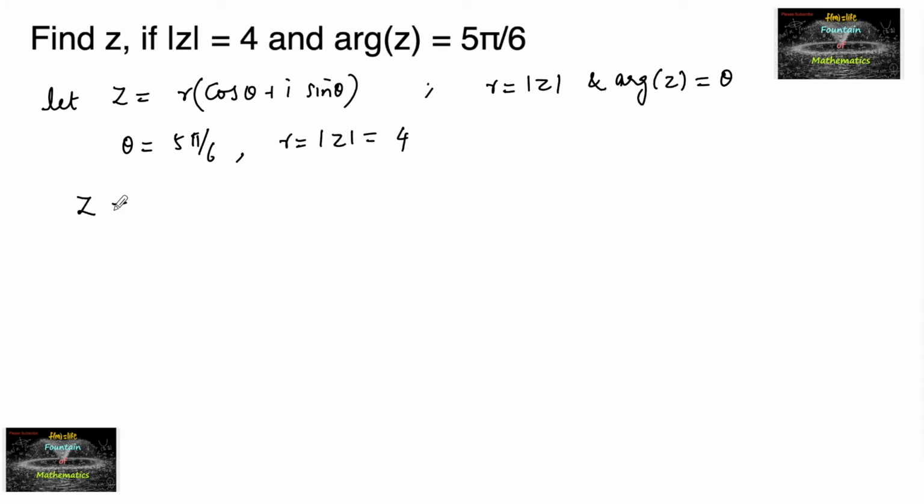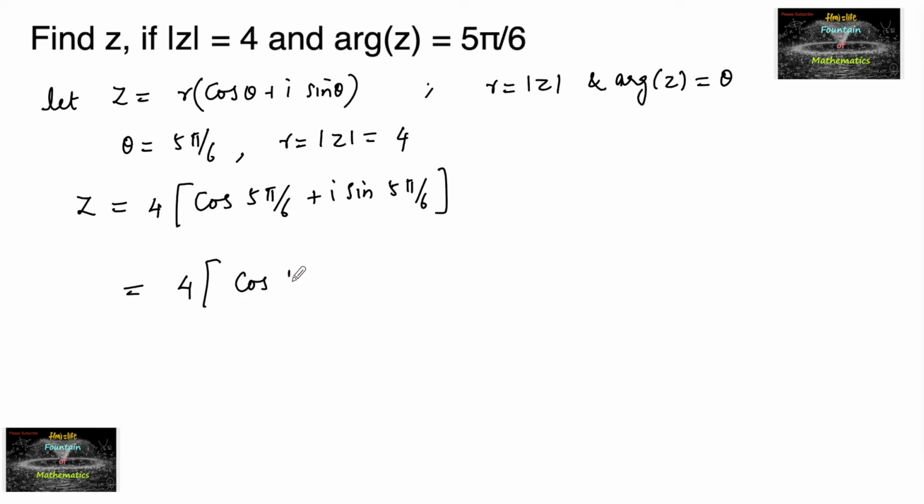So therefore our complex number we can write as z is equal to r, that is 4 times of (cos 5 pi by 6 plus i sin 5 pi by 6). So we can write 4 times cos of 5 pi by 6, which is pi minus pi by 6, plus i sin of pi minus pi by 6.